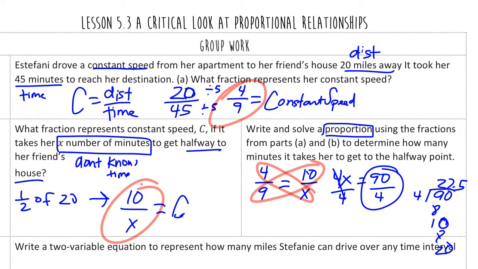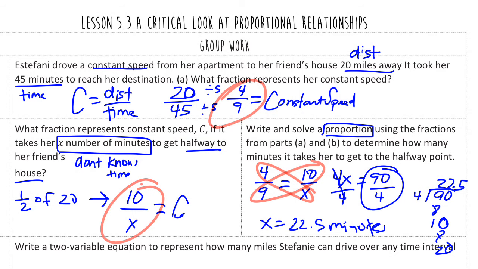So how many minutes is it going to take her? X equals 22.5 minutes. 22.5 minutes is how long it's going to take her.